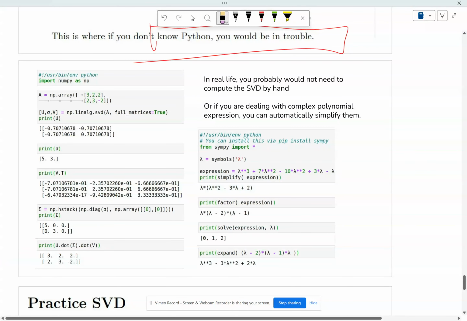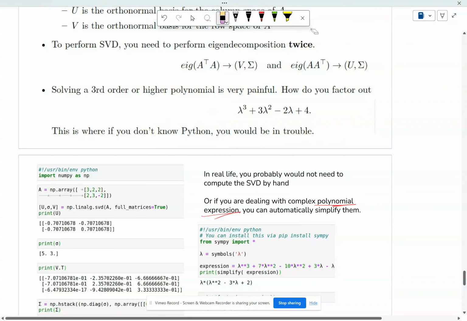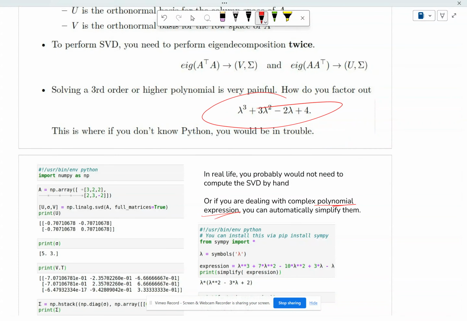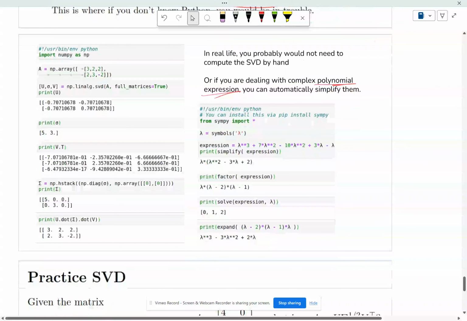Next, in real life, if you end up with characteristic polynomials and you need to find a root, it could be a real pain to deal with these things. Now, with Python, specifically SymPy, it allows you to solve it.